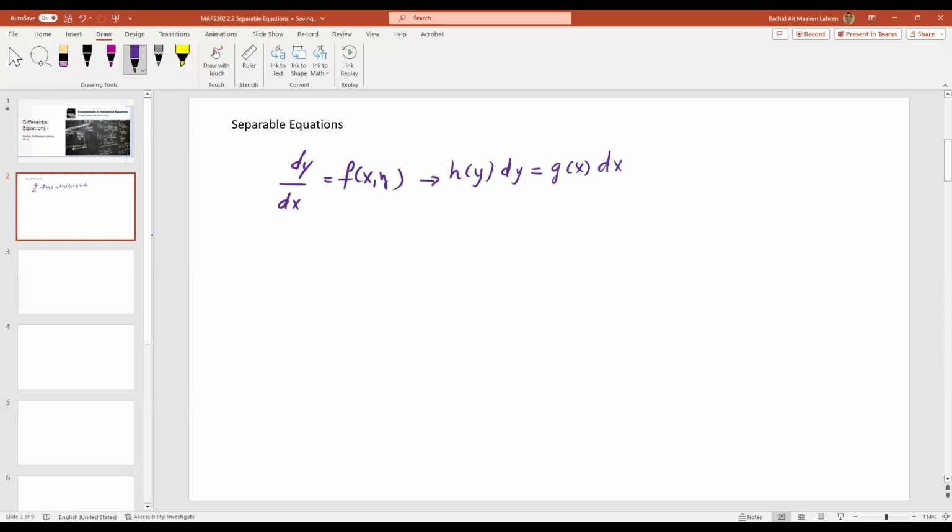So that means this f of x, y can be expressed as g of x times some function 1 over h of y.